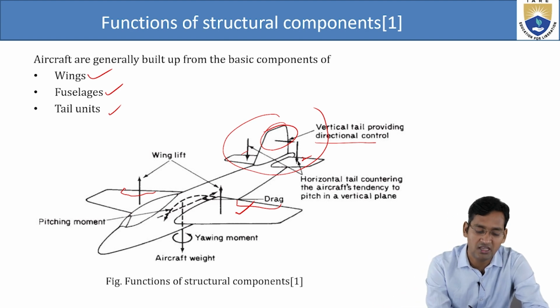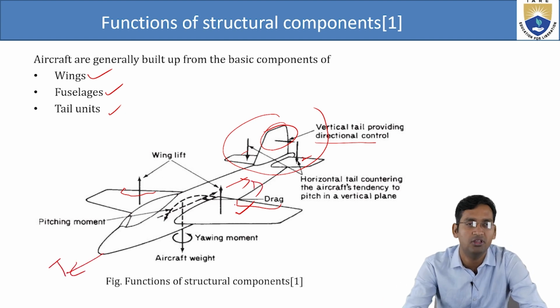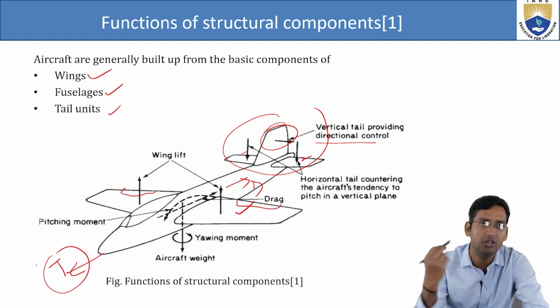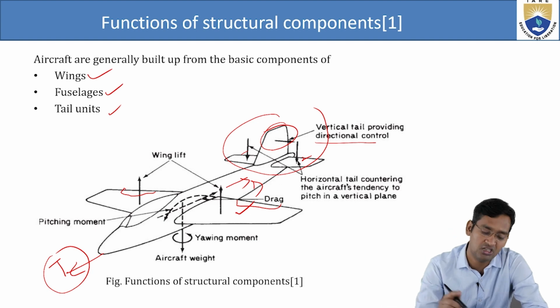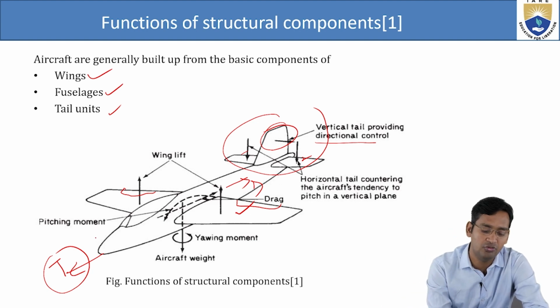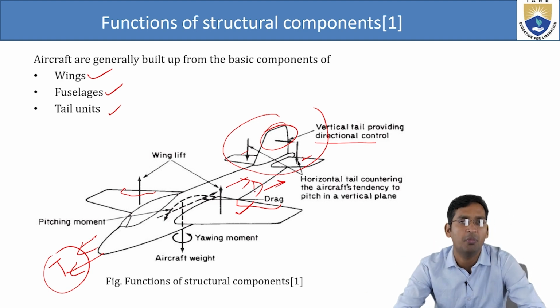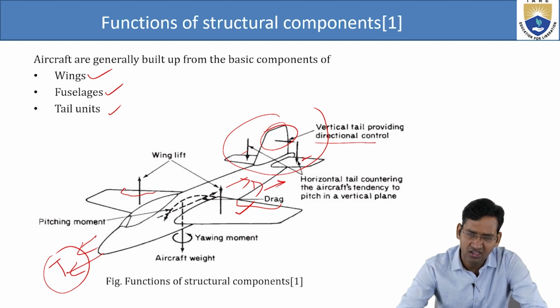Why? Because drag acts opposite to thrust, right? If more drag is there, then thrust will be lesser. When thrust and drag are equal, there is no movement. Whichever is bigger, the aircraft moves according to that. If thrust is bigger, the aircraft will move in the forward direction. If drag is more, the aircraft will move in the backward direction.